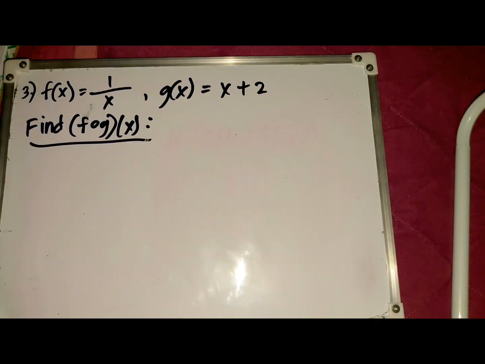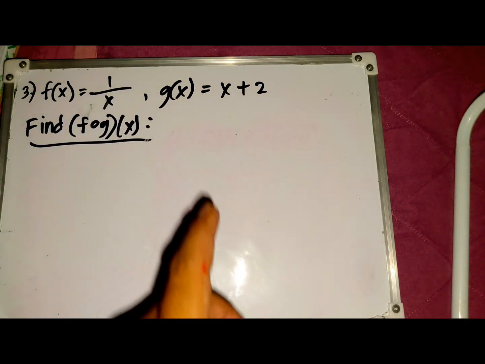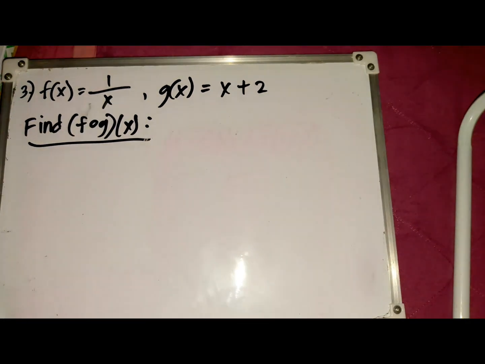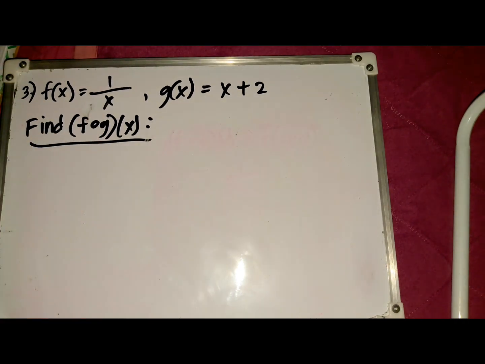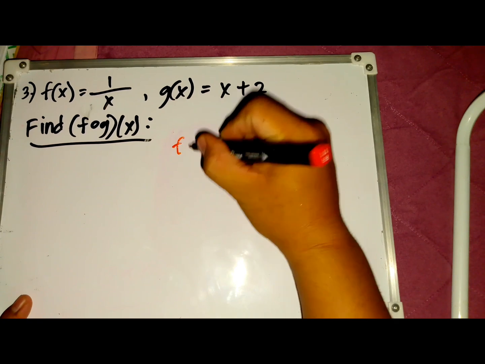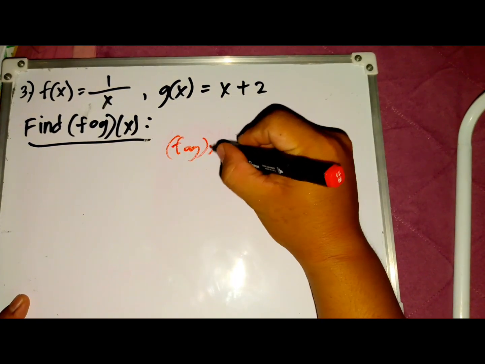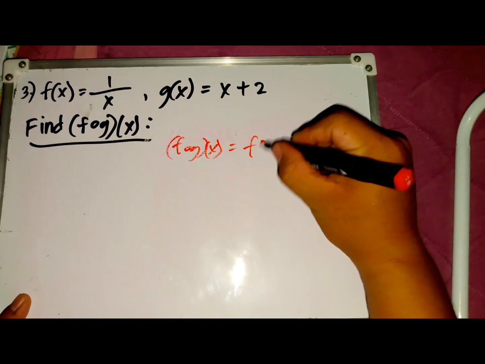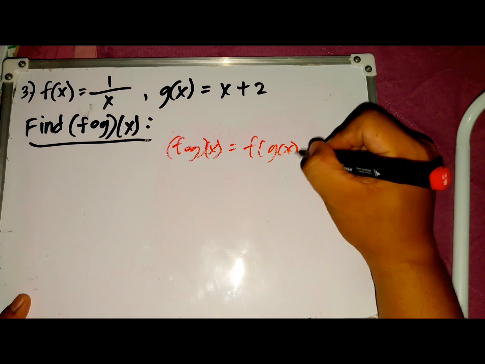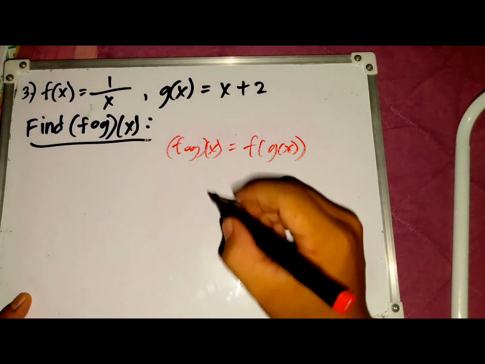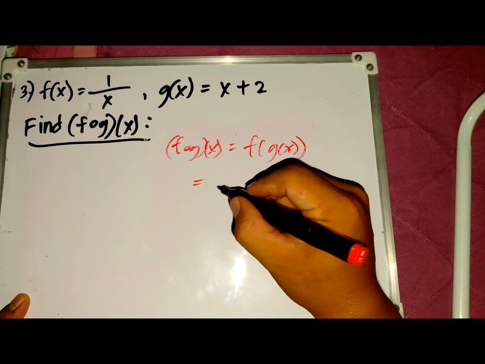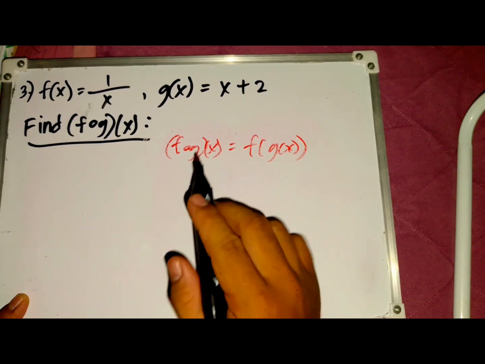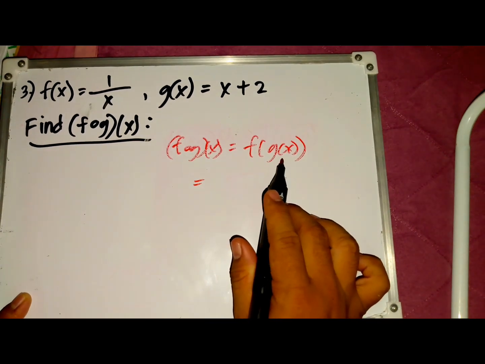Example number 3. f of x is equal to 1 over x. g of x is equal to x plus 2. We need to find f composed with g of x. So f composed of g of x is equal to f of g of x. So we write the value of f and g of x.